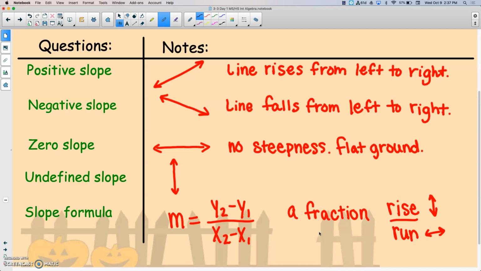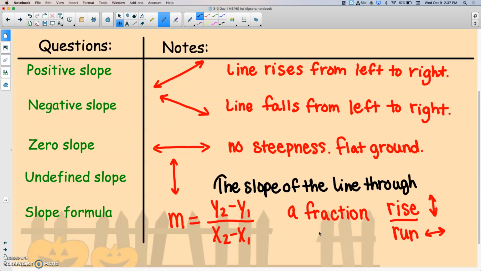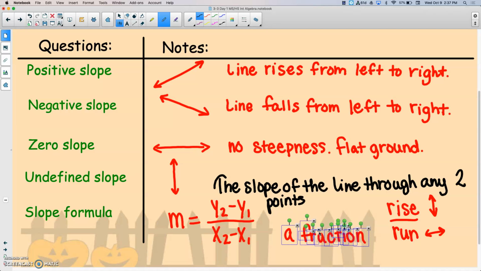And this is the slope of a line through 2 points. So the slope of the line through any 2 points would be x1, y1, and x2, y2.